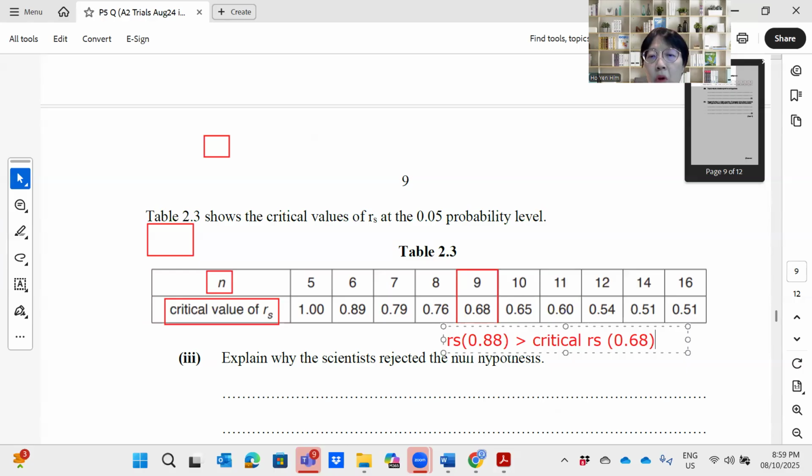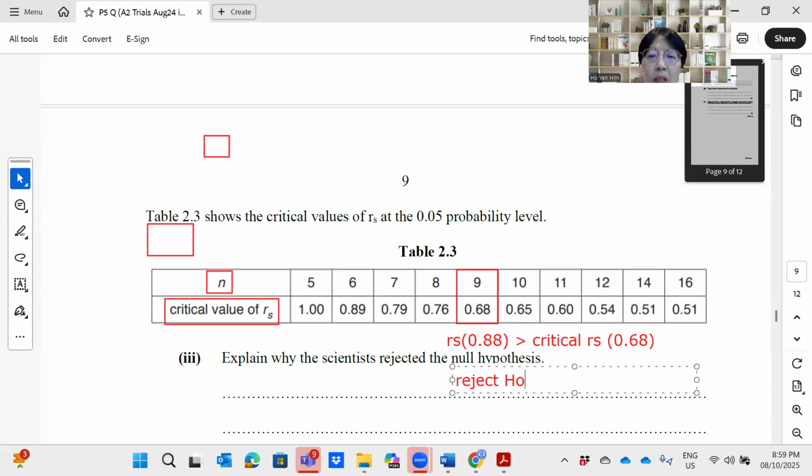Write minimum, score maximum. So what does it mean? It means that the null hypothesis is rejected, because the rs value is higher than the critical value. Reject the null hypothesis. What does it mean?